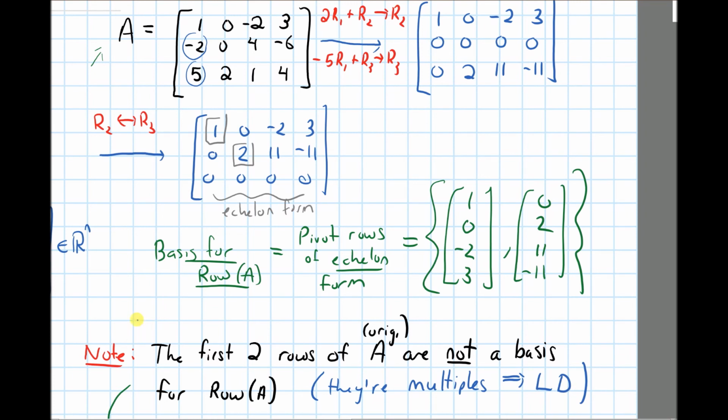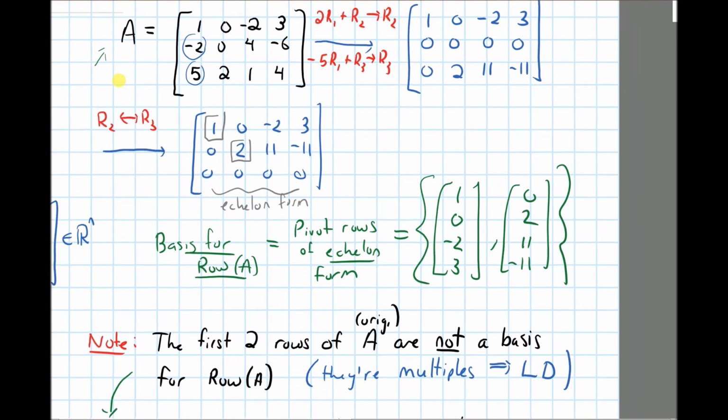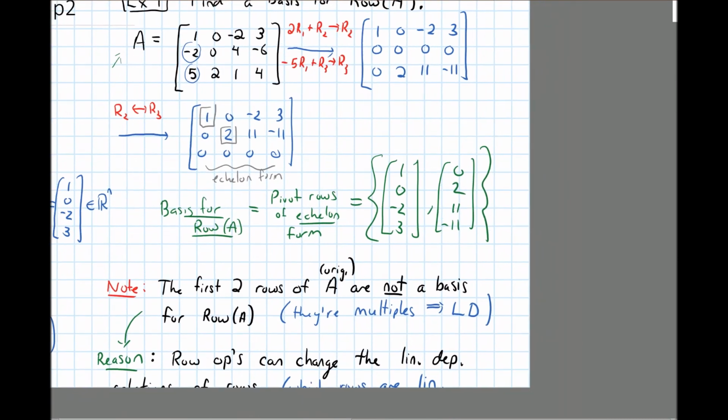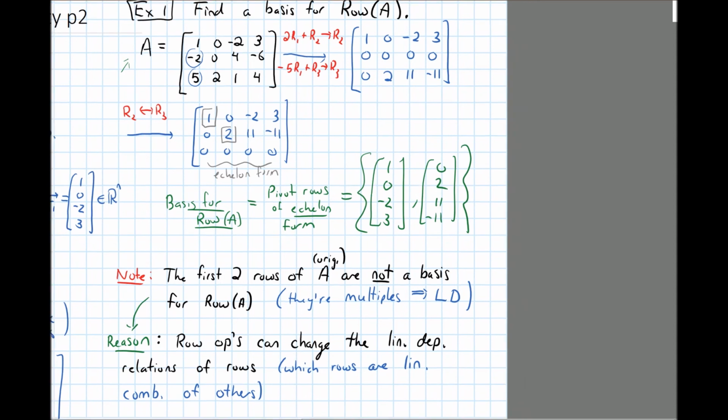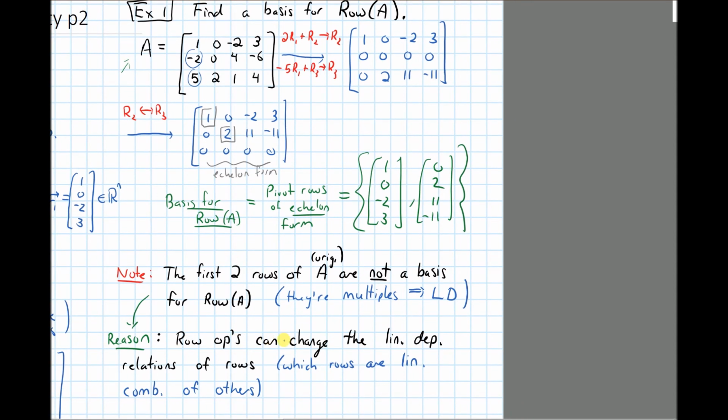Okay, so why did that happen? The general reason is, when we do row operations on a matrix, they can change what are called the linear dependence relations of the rows. What I mean by that is which rows are linear combinations of the others. That can change when I do row operations. Specifically, in the original matrix A, the first 2 rows are multiples of each other.